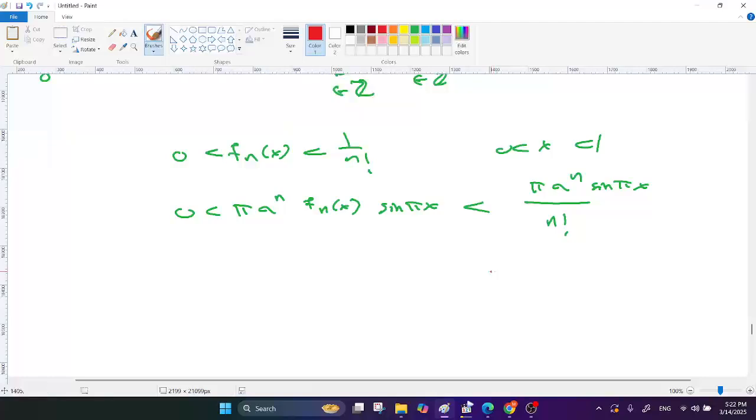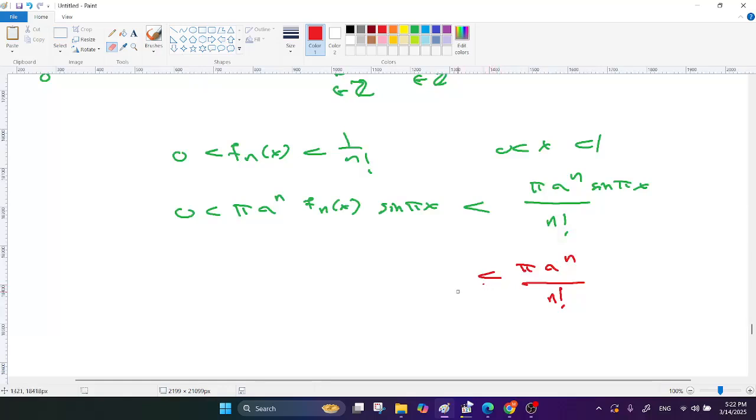But this is less than or equal to π aⁿ over n factorial. Strictly less than, because x is not 1.